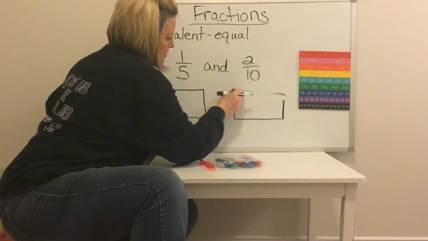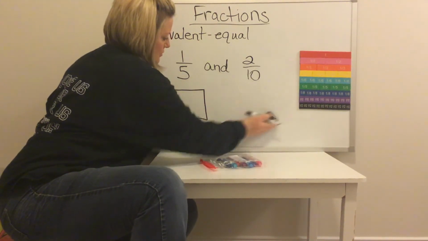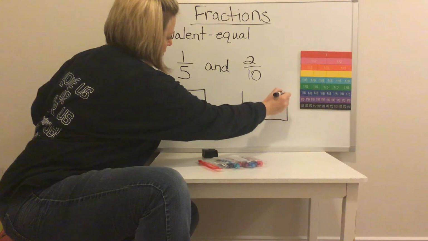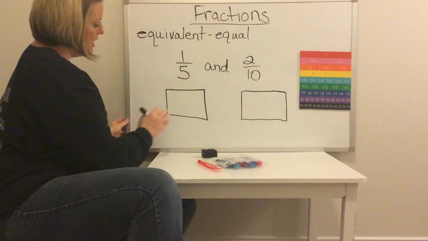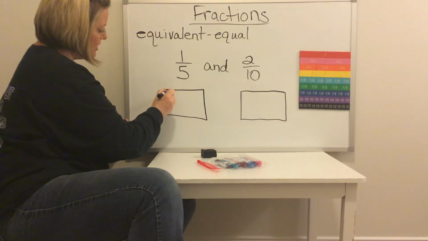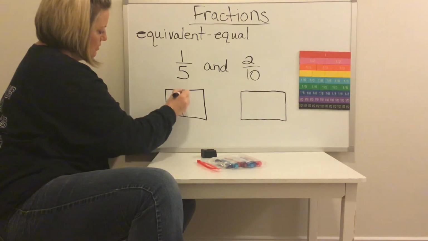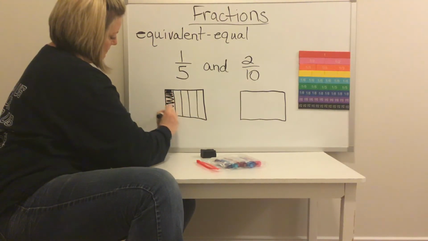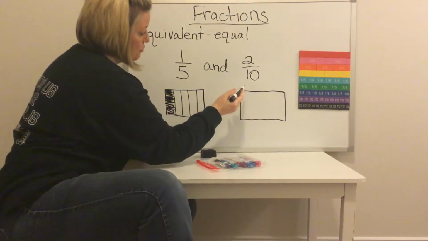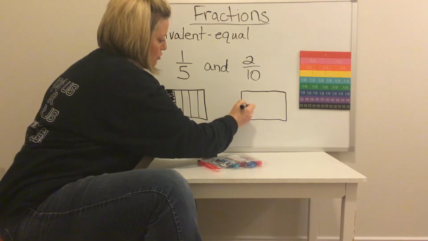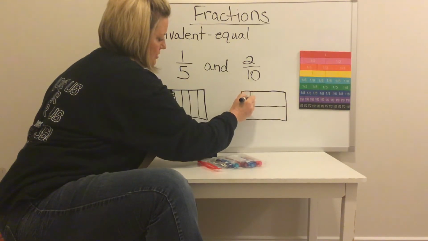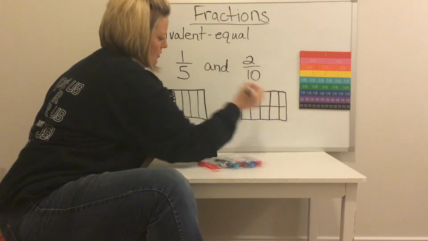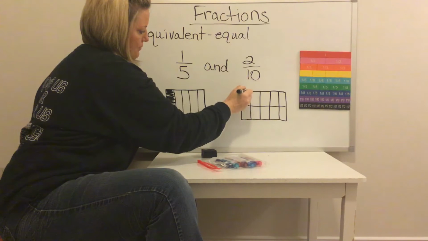That's really bad. Let's try that again. As close to the same size as you can get it. Now this one I'm going to break into 5 equal pieces. And I'm going to shade in only one piece. This one I'm going to break into 10 equal pieces. And I'm going to shade in 2 of them.